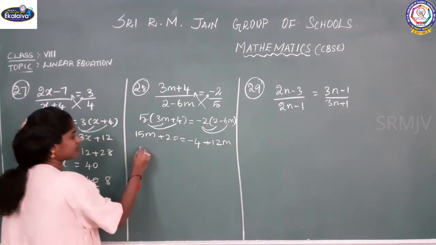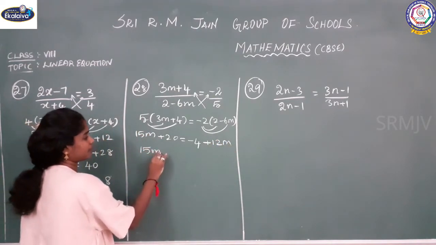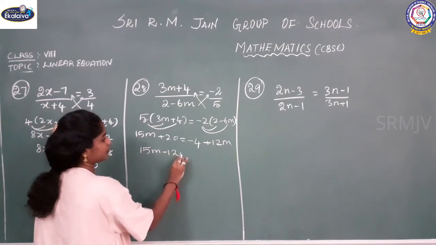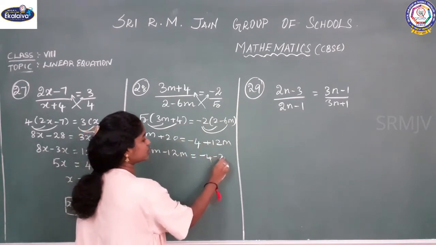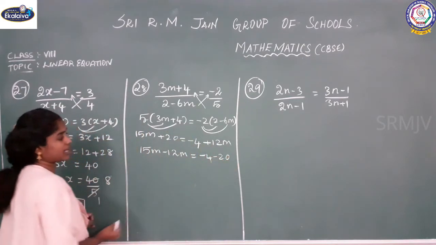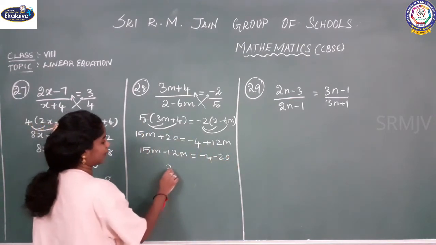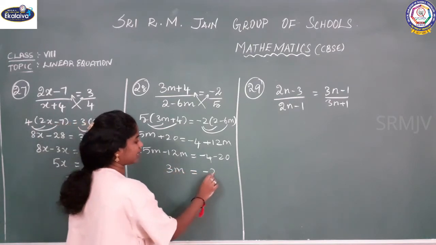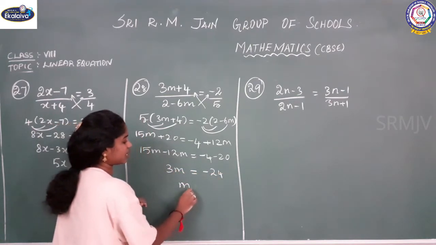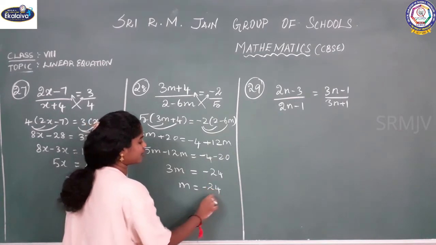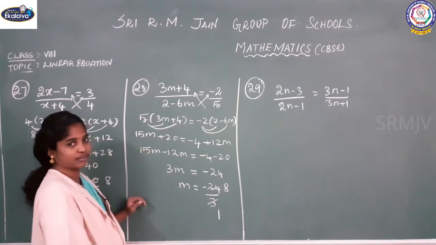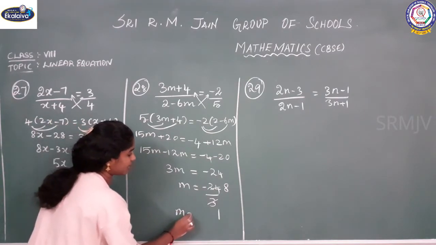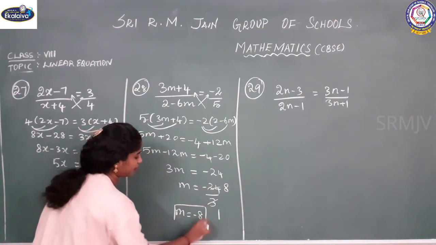Let us bring all the m on one side. 15m minus 12m is equal to minus 4 minus 20. 15m minus 12m, I will get 3m is equal to minus 24. So m is equal to minus 24 by 3. 3 1s are 3, 3 8s are 24. So I will get m is equal to minus 8.